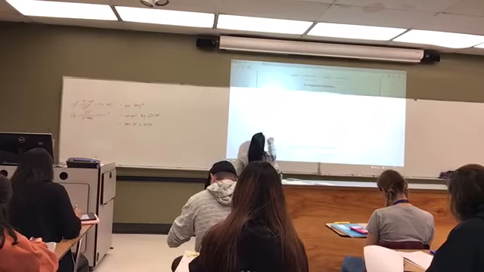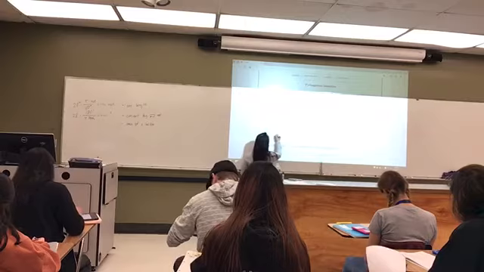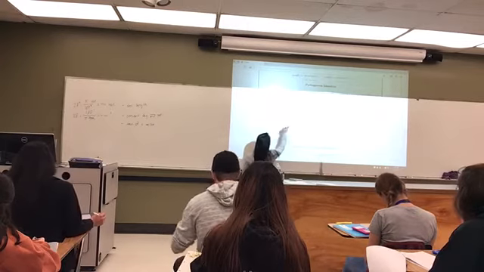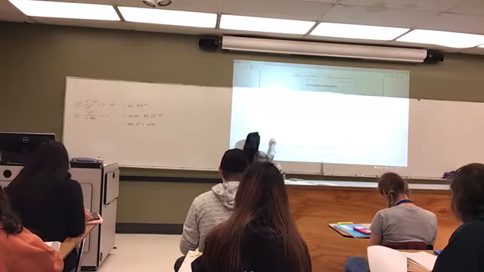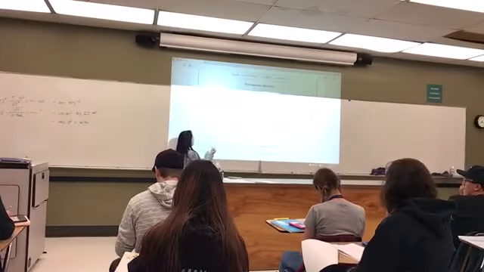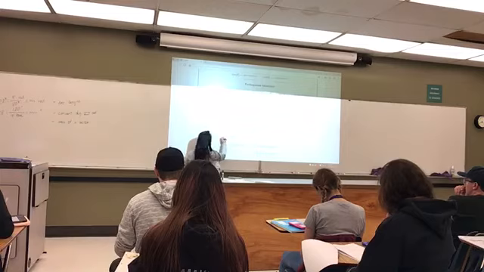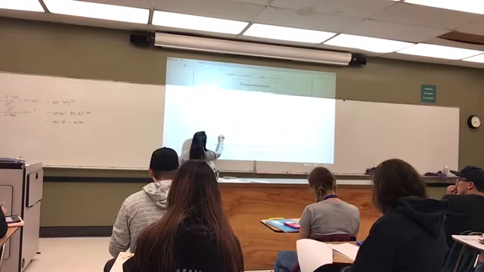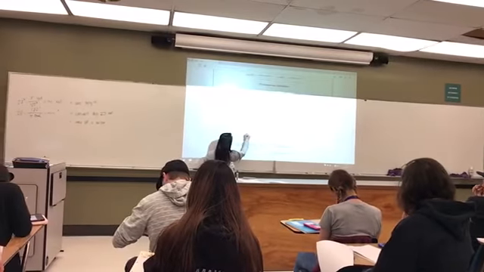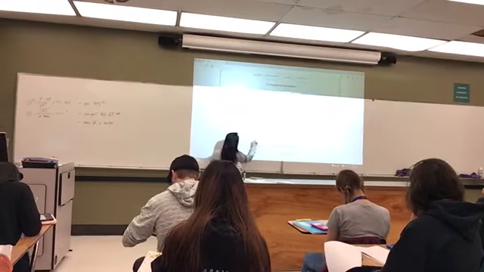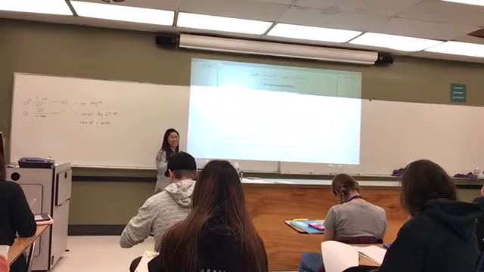We keep 1 over 3, but we multiply with the reciprocal of cosine, which is 3 over square root of 2. The 3 cancels in here, and we're going to get something like 1 over 2 square root of 2. Then we multiply the top and bottom by square root of 2, and we should end up with square root of 2 over 4. Okay. So thank you.